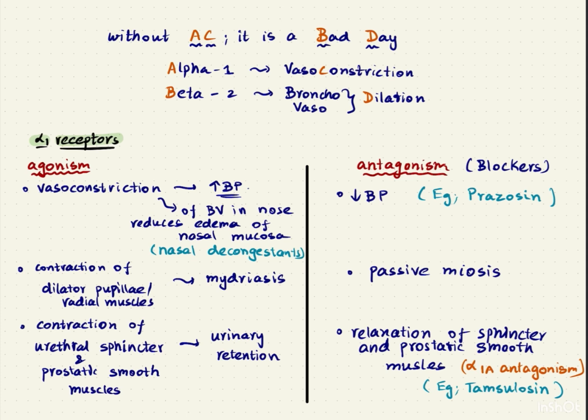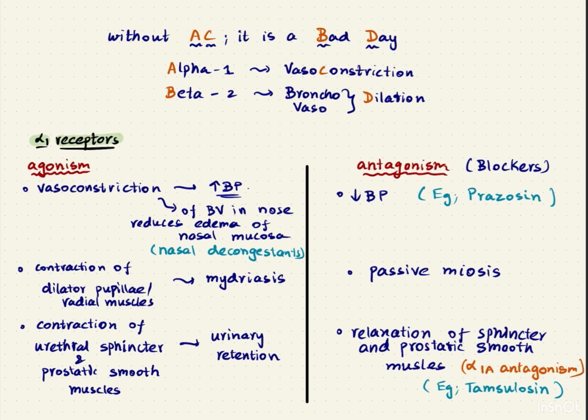Stimulation of alpha 1 receptors present in the dilator pupillae muscle or the radial muscle causes contraction of these muscles and therefore produces active mydriasis. And agonism of alpha 1 receptors present in the urethral sphincter and the prostatic smooth muscles can cause contraction of these muscles, thereby producing urinary retention.